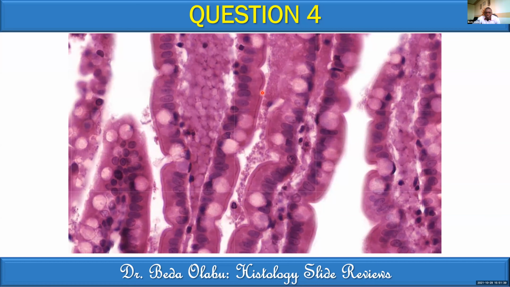So this is simple columnar epithelium with microvilli and goblet cells. And this is actually the epithelium of the small intestines.